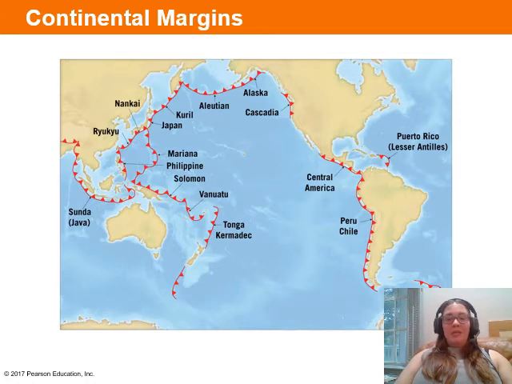So here we can see that almost all of these active continental margins are found along the edges of our Pacific Ocean. And this is where we also have our Ring of Fire, all of those volcanic eruptions, and where we have our Circum-Pacific Belt, that area where we see most of the earthquakes occurring along the Earth as well.